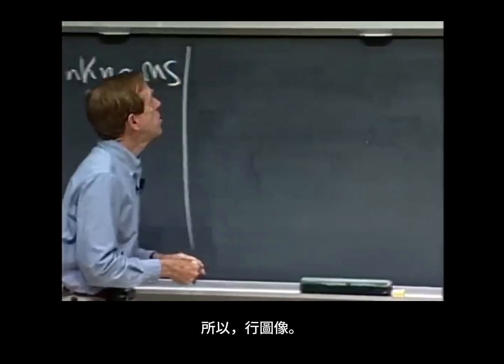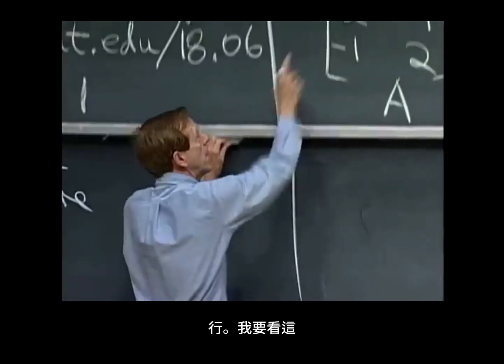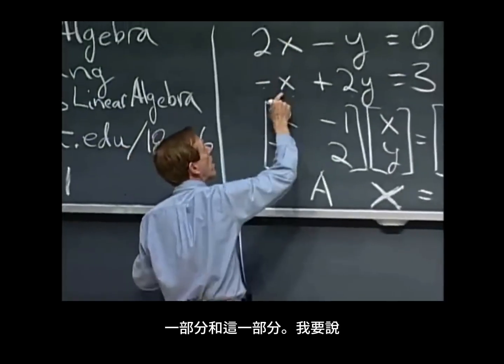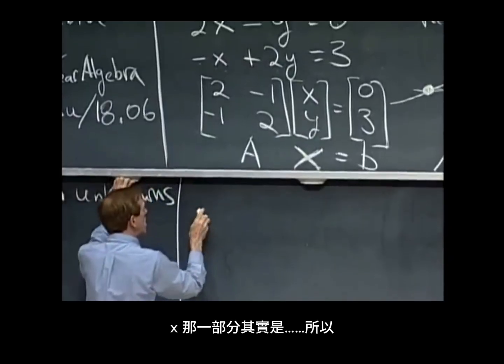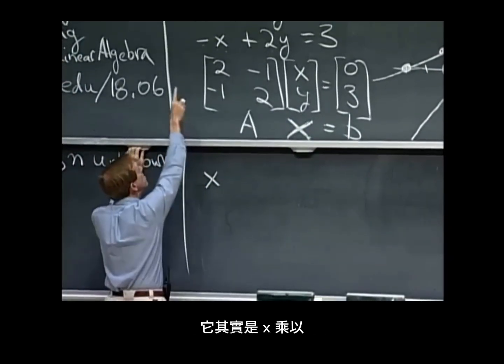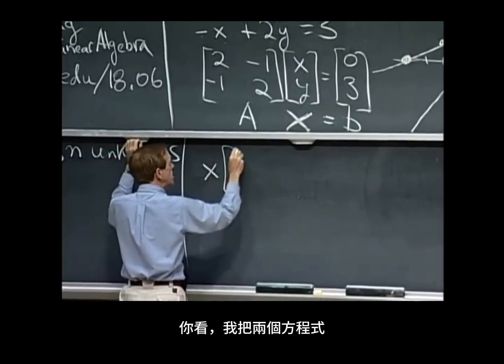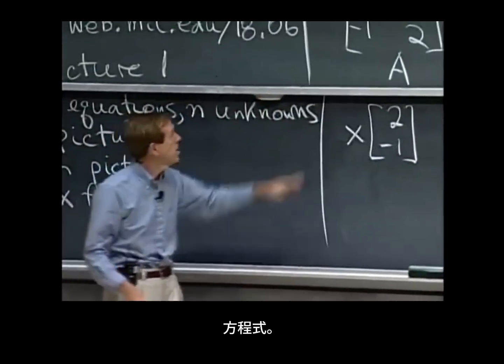So the column picture. I'm now going to look at the columns of the matrix. I'm going to look at this part and this part. I'm going to say that the x part is really x times, you see I'm putting the two, I'm kind of getting the two equations at once.